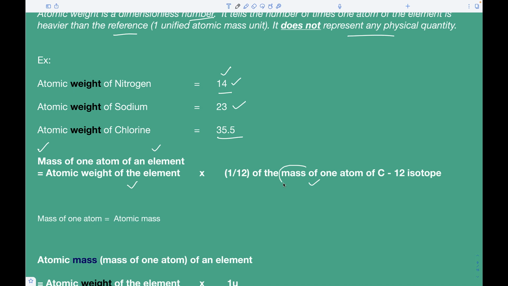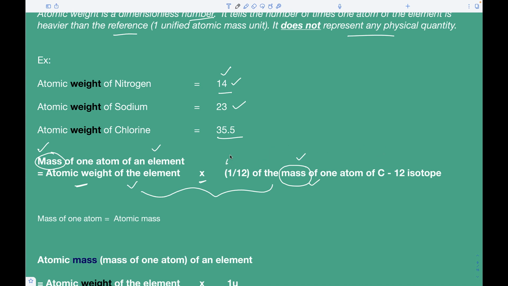We have the physical quantity mass multiplied with atomic weight, that is a number. When you multiply a physical quantity with a number, then you would get the same physical quantity. So that is what we have here on the left hand side as well. So understand that this product represents the physical quantity called mass.